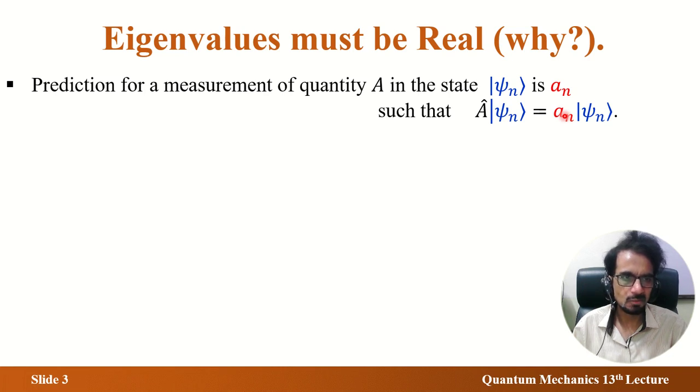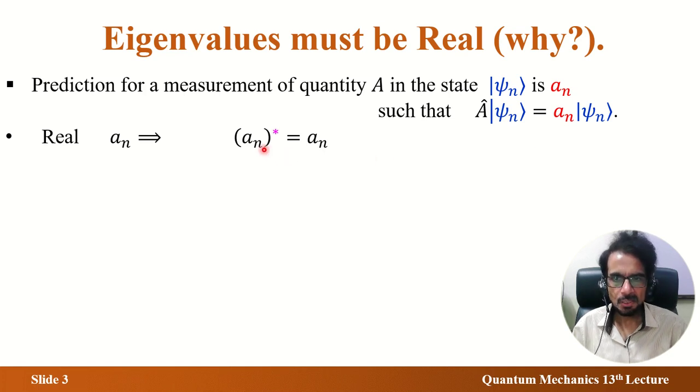No meter will measure iota. So if you have to make a science which has to avoid contradiction with the experiment, and if that is to be verified by experiment, then experiment will say that values are real. So you write it. Real means its complex conjugate does not change it. Iota will be replaced with minus iota, but there should not be any iota. So that complex conjugation replacing iota with minus iota does not change it.